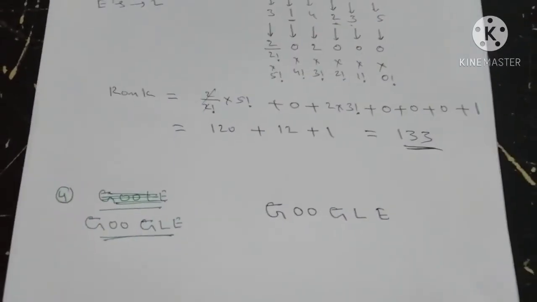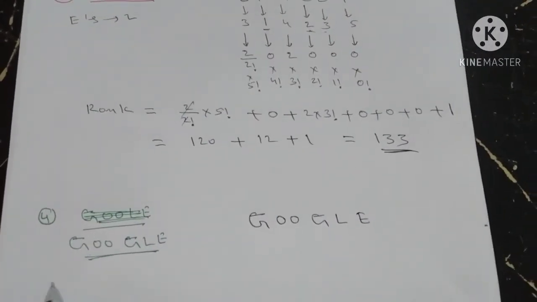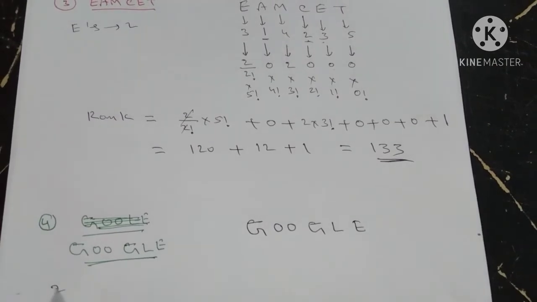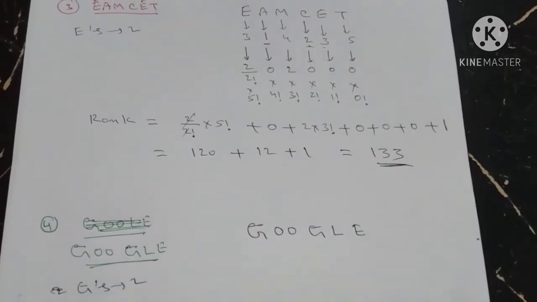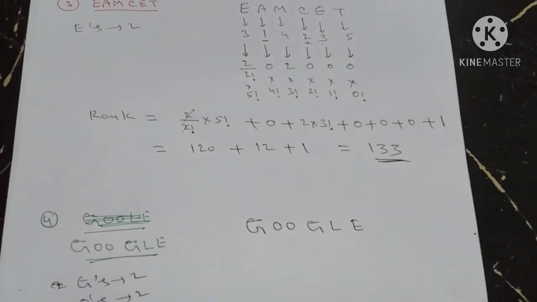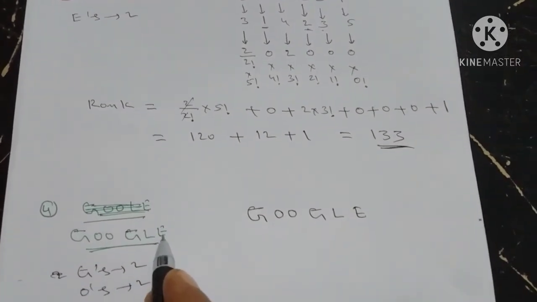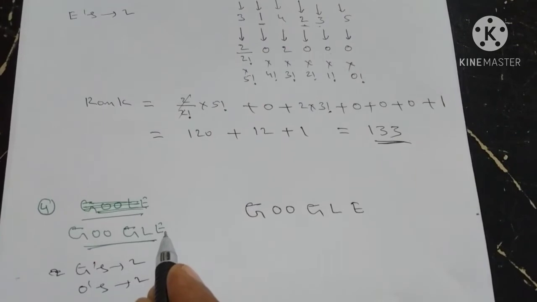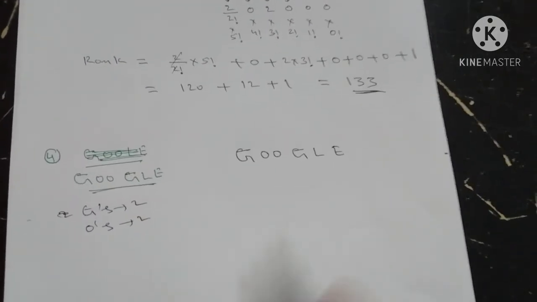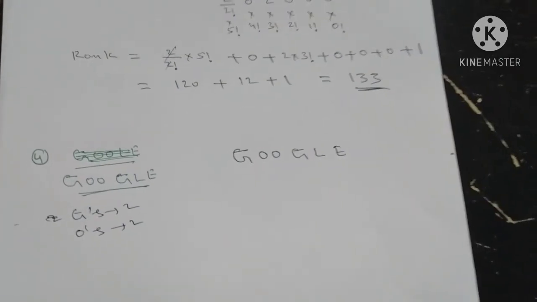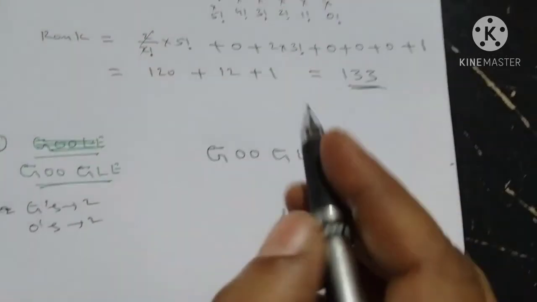Now here, how many G's? G's are 2, O's are 2, and the remaining are different. L and E are different. Observe this. Now give the ranks to the letters of the given word.